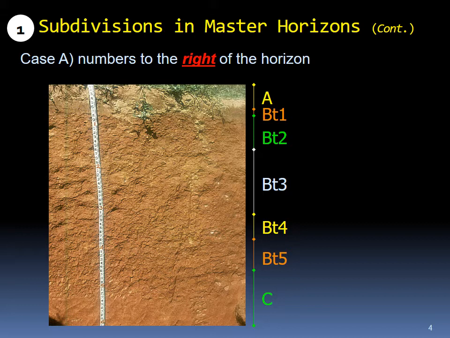If you go back to the table we looked at last lecture, t means clay accumulation. However, although this B horizon has clay accumulation, there are some layers within this master horizon, and they are five layers. That's why we indicate them with numbers to the right of the soil horizon.